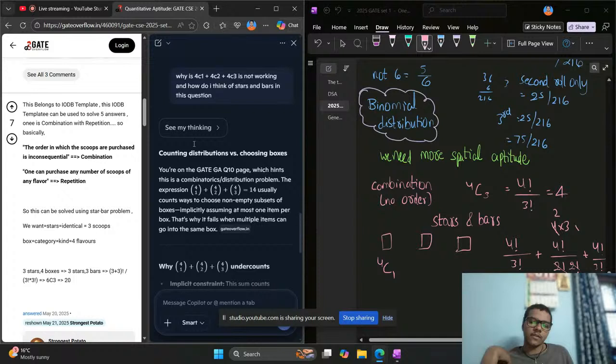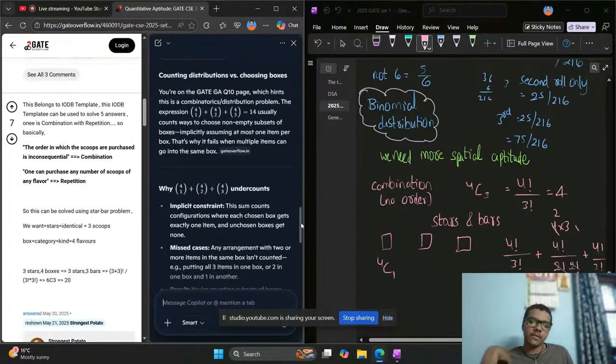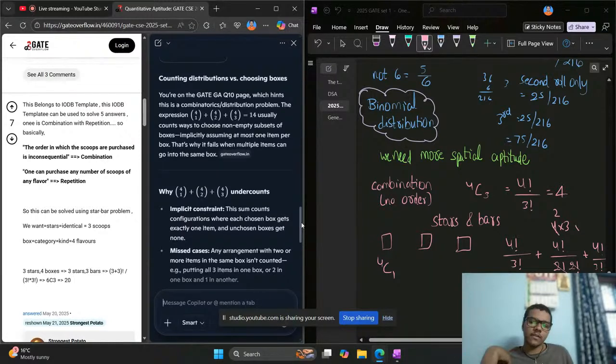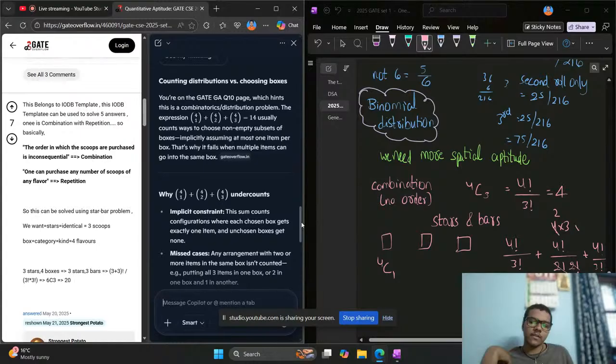Counting distributions versus choosing boxes, and subsets. Ways to choose non-empty subsets of boxes. At most one item per box. There are some configurations where you are choosing boxes to get the number, for example voting.